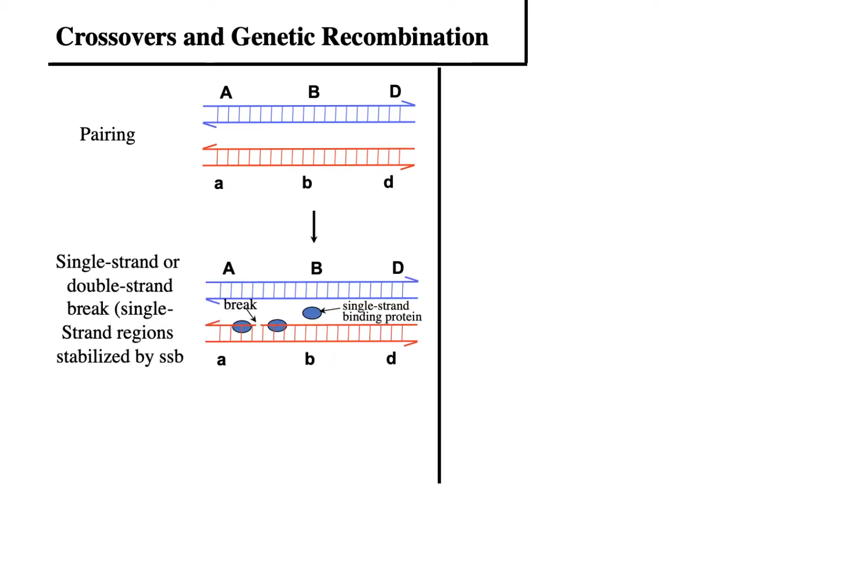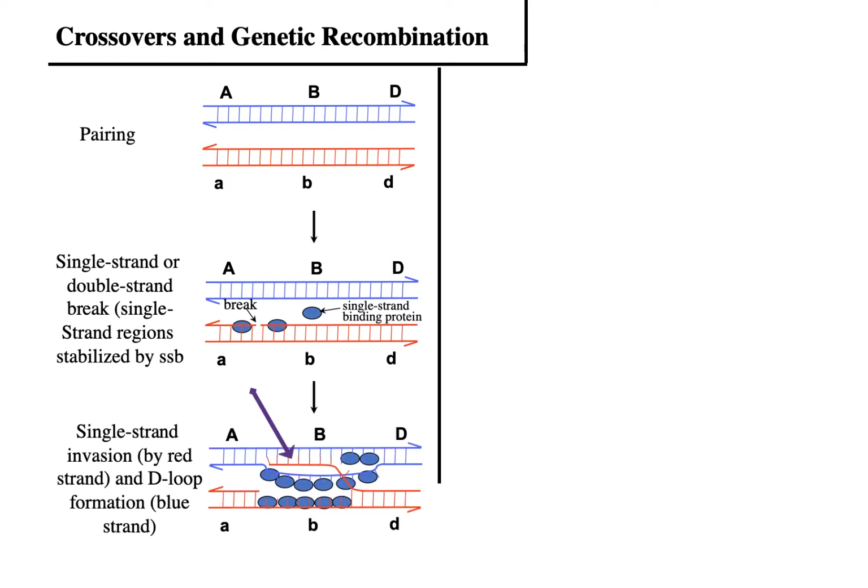The recombination event is initiated by first lining up, and then through a single strand break that's usually accomplished with an enzyme that breaks in one place. And then single-stranded binding proteins are recruited to the area to stabilize the single-stranded regions that result from that breakage.